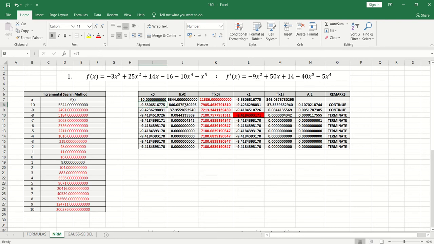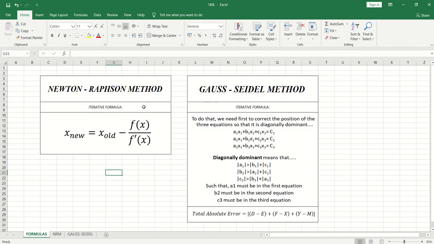When repeated continuously, it will terminate at this value. So this would be the root of this function, negative 9.418439317, because the total absolute error is less than 0.0001. So that is for the Newton-Raphson method.